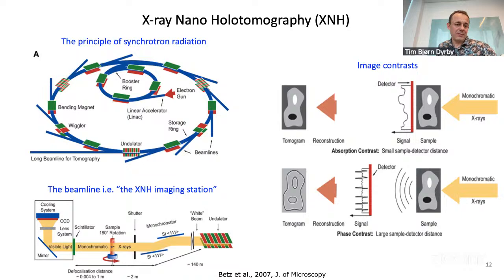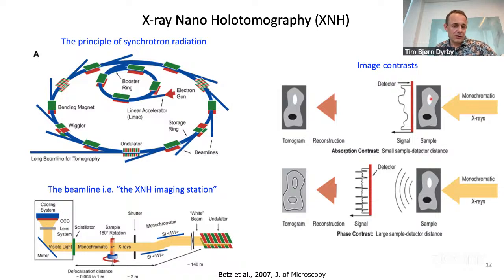Then we have our sample here rotating, because we are doing tomography. The X-ray goes through into a scintillator, which converts the X-ray into light that is then captured by a CCD camera. So we have two different contrasts here. We have absorption, the normal one, like when we go to the hospital, where you see how tissues absorb the X-ray when it penetrates.